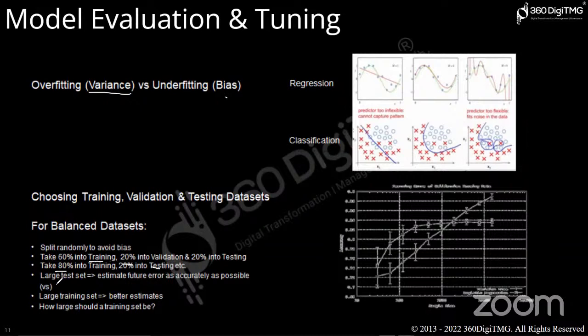Also, the largest test set should be able to estimate future error as accurately as possible. A large training set means we will have better estimates, but how large should a training set be? As large as possible is a good answer, because if it is very large, it becomes a big data problem again.